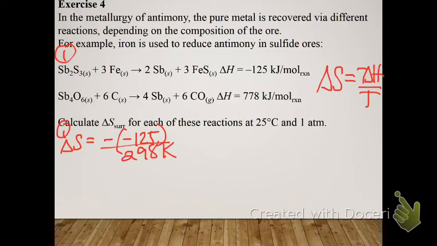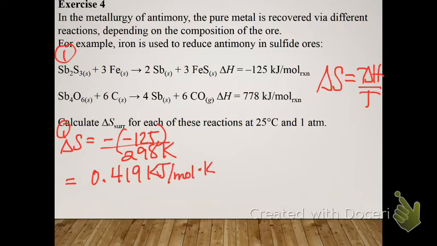For entropy, you must use Kelvin for your temperatures because the units are joules per mole Kelvin. Let's calculate that, and we get a positive 0.419 kilojoules per mole K.